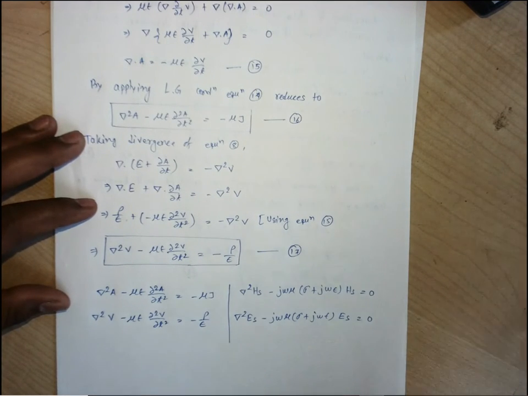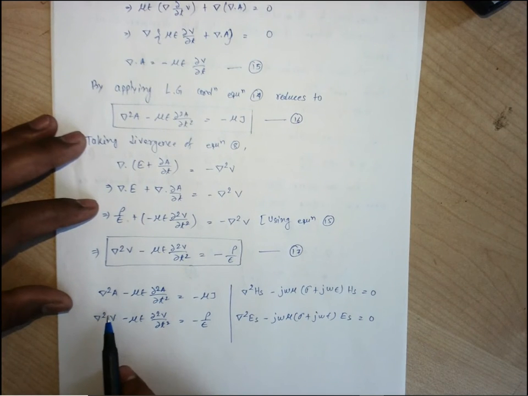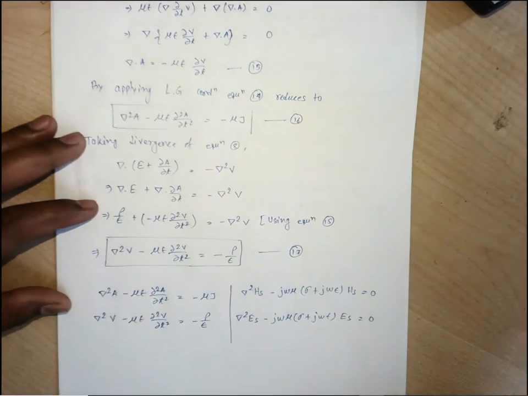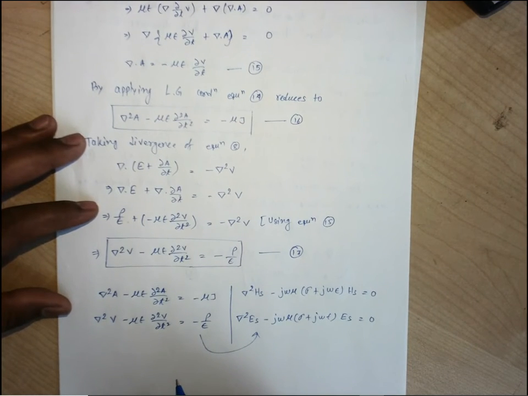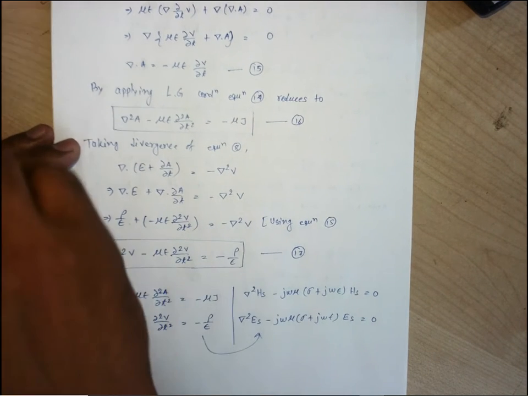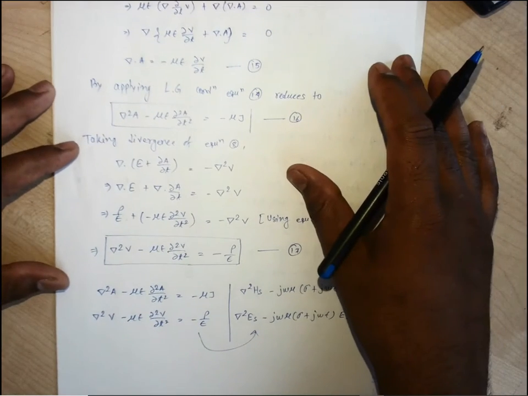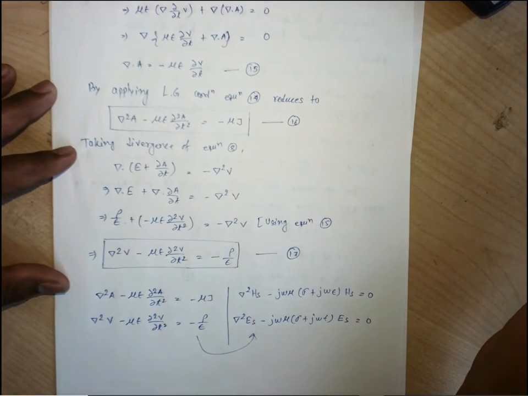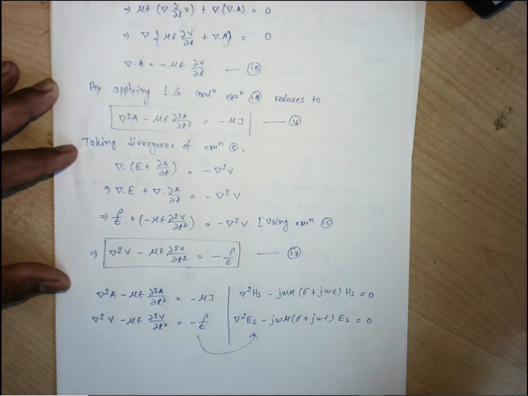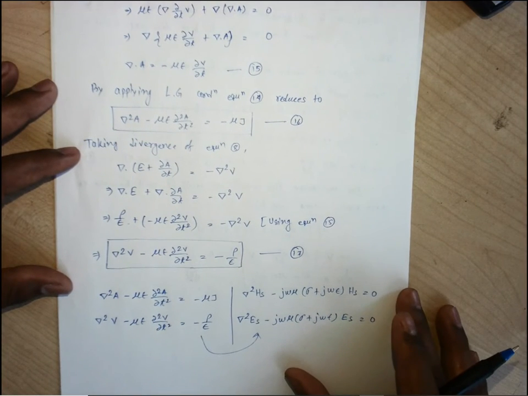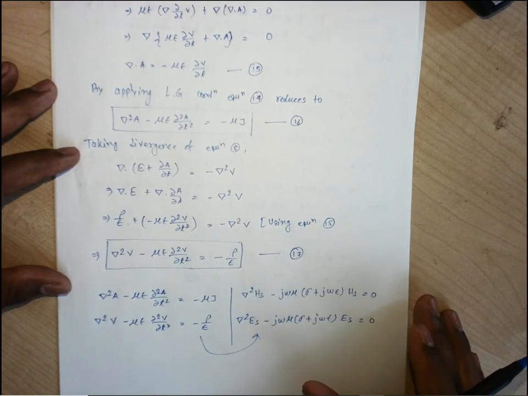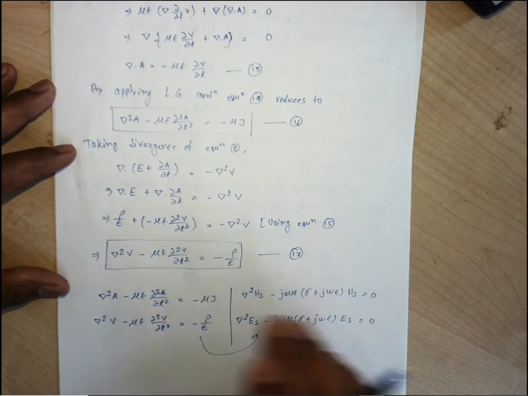So the magnetic vector potential and scalar potential both have wave behavior in 3D space, because they have similarity with the wave equation. So for any kind of source excited on any structure, we can take these two equations into consideration to achieve the wave behavior from those structures.